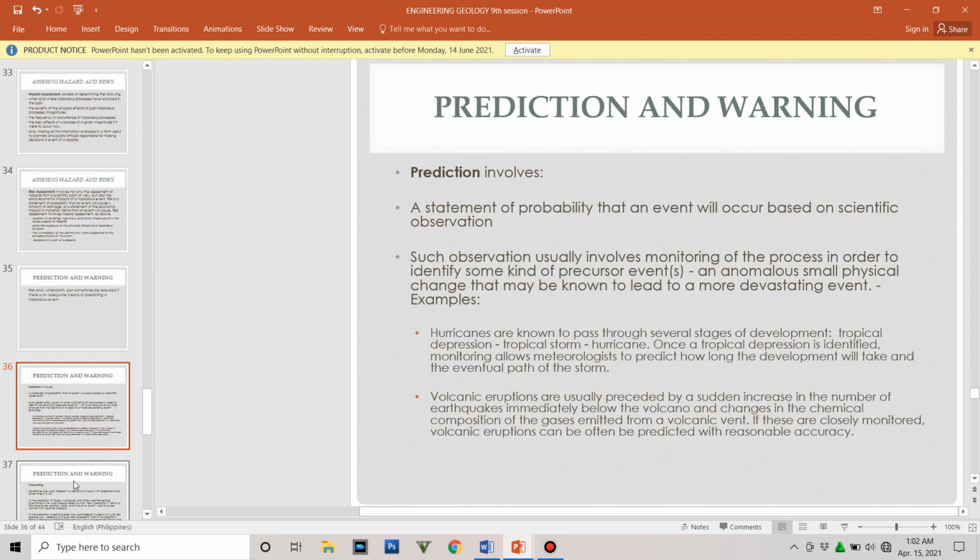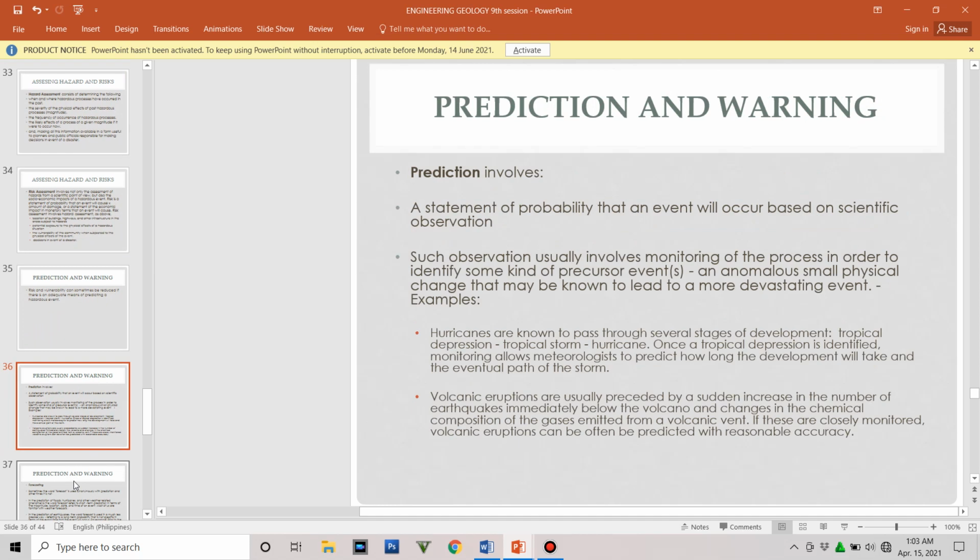Examples: hurricanes are known to pass through several stages of development. We have the tropical depression, tropical storm, and it will develop to hurricane. So once a tropical depression is identified, monitoring allows meteorologists to predict how long the development will take and the eventual path of the storm.